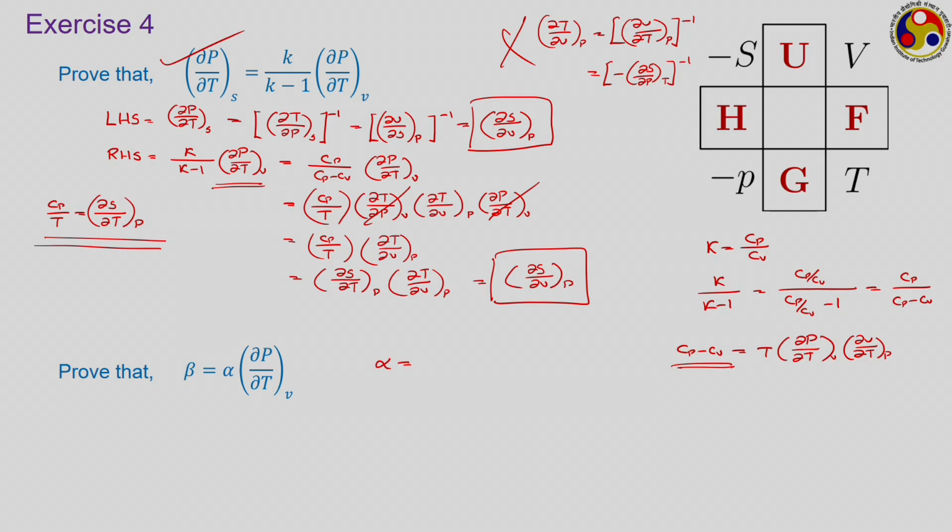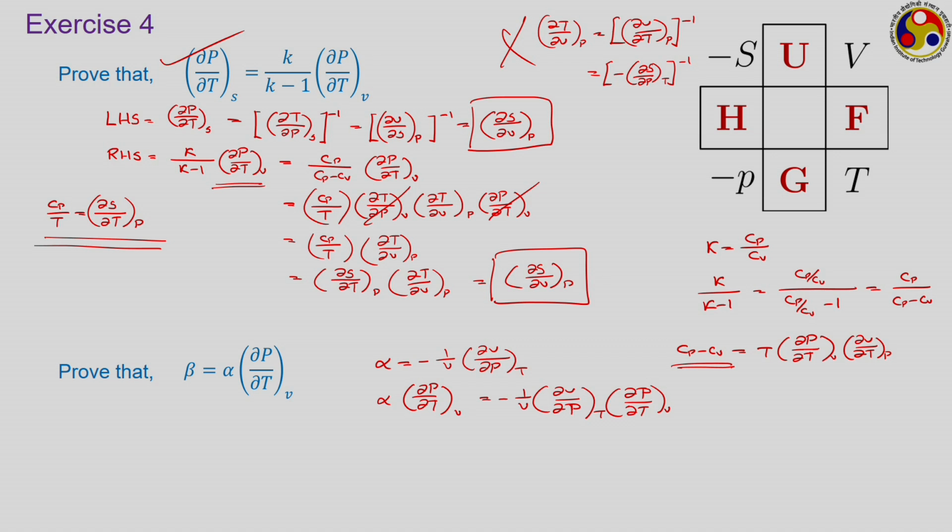Alpha is the isothermal compressibility, that is minus 1 upon V dou V dou P at T. So, here we have alpha into dou P dou T at constant V. If we put it, it is minus 1 upon V dou V dou P at T into dou P dou T at V.